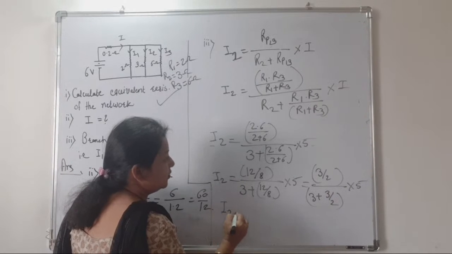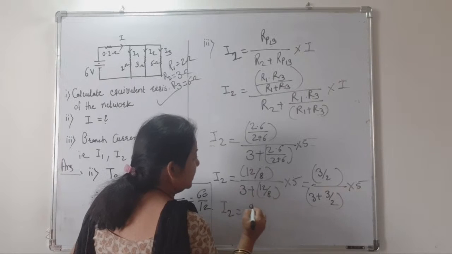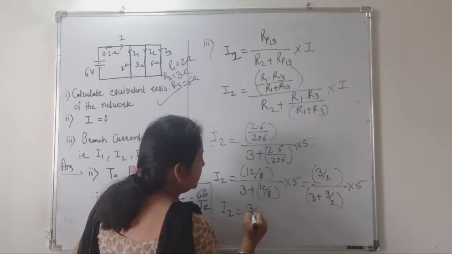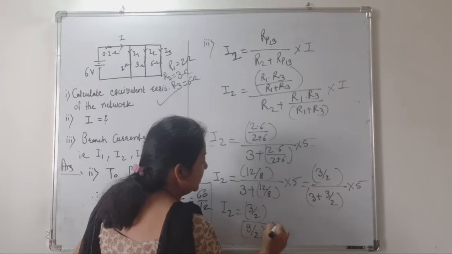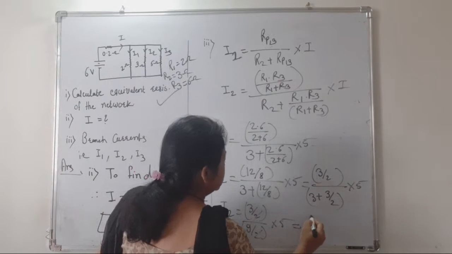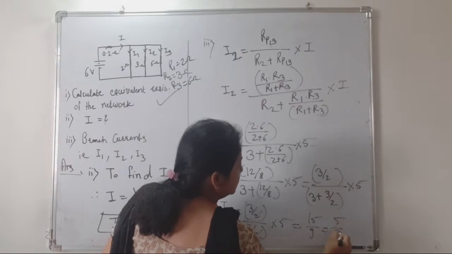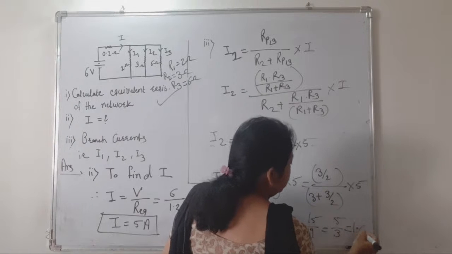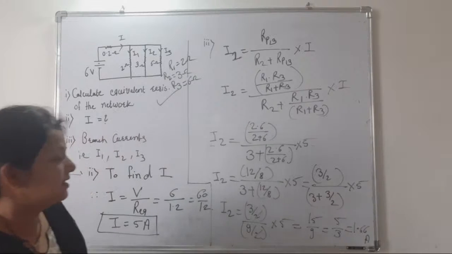Therefore, I2 is equal to 3 by 2 upon 9 by 2 multiply by 5. 2 2 cancel. Therefore, 15 upon 9, 5 by 3, which is equal to 1.66 ampere.